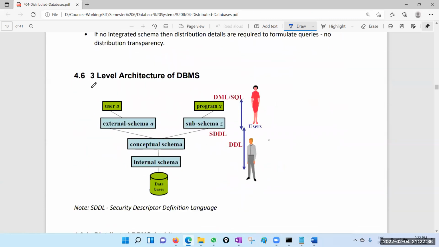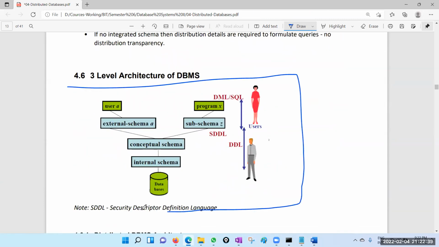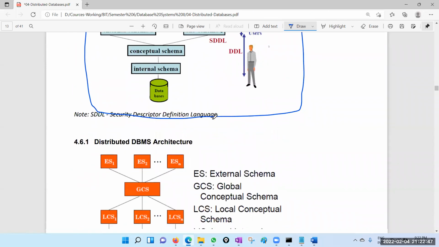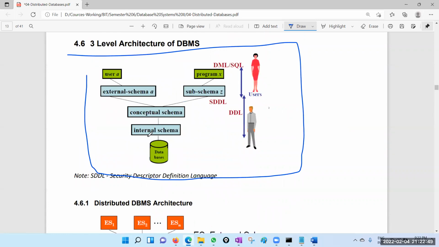Right. So this is a very important diagram. How the 3-tier architecture works in database management systems. Okay. So in normal 3-tier architecture, we have 3 tiers, right? What are the 3 tiers?